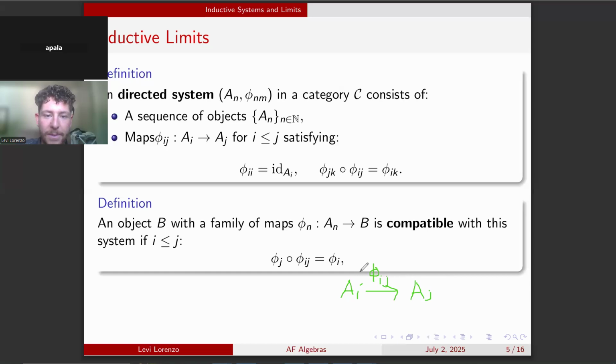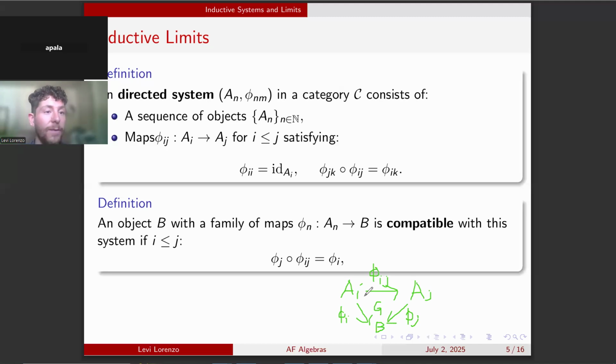Then we have maps both from A i to B and A j to B, and this diagram needs to commute. So if we have an object with maps such that this diagram commutes, then we call this a compatible object.